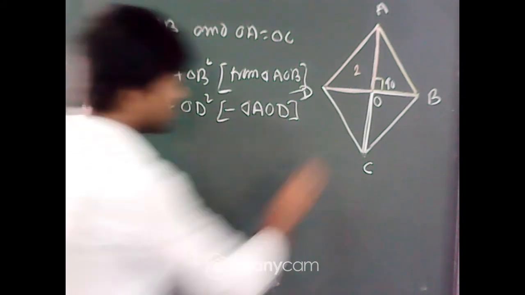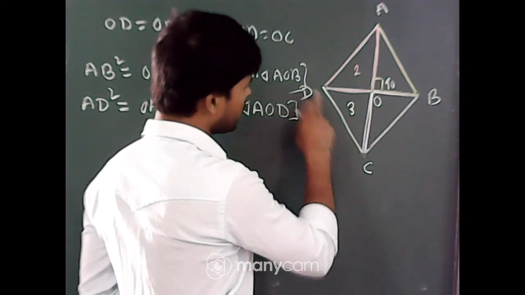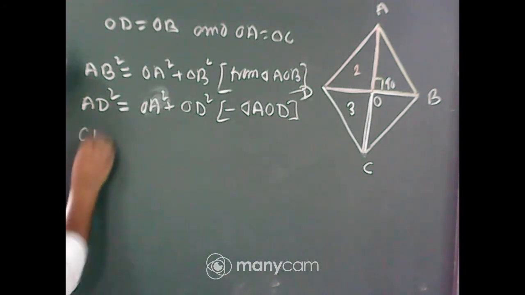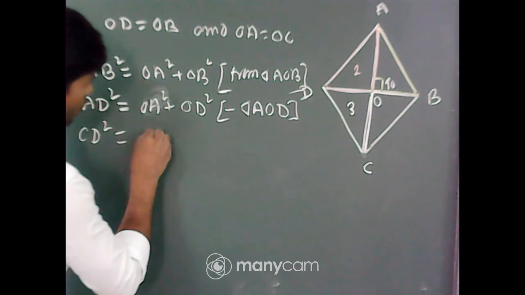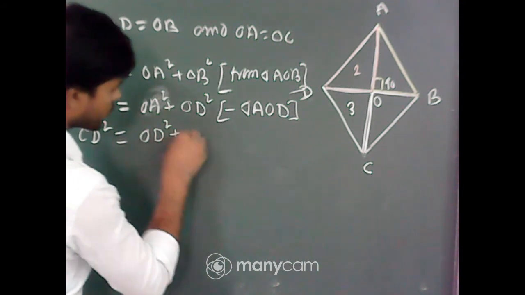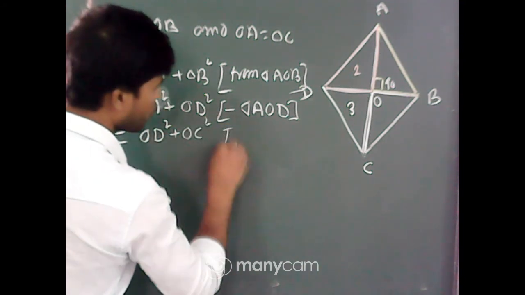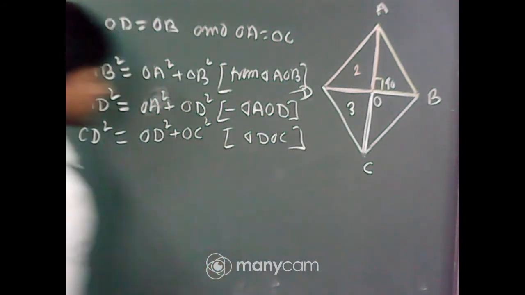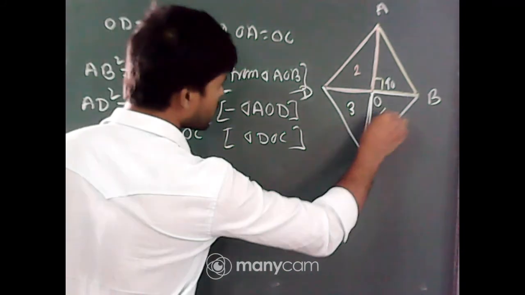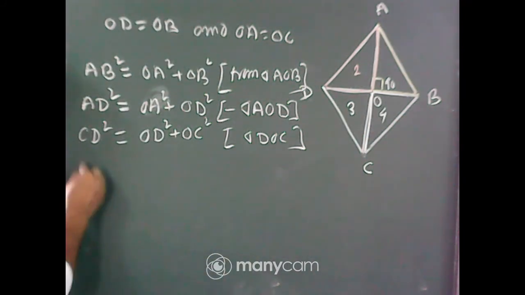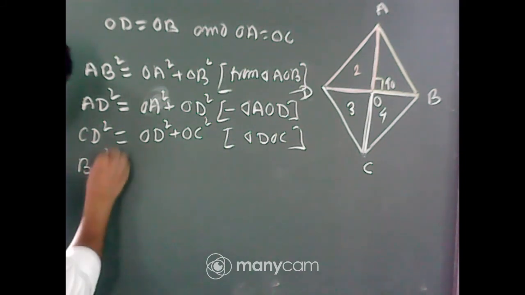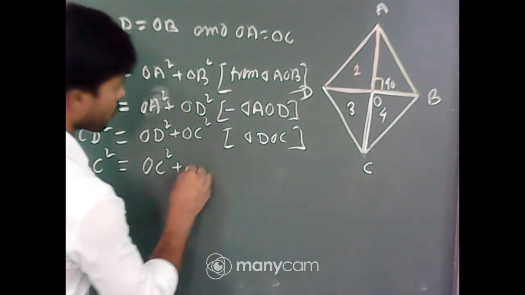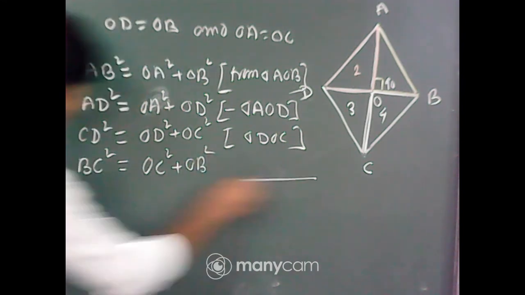Now if I consider triangle number 3, triangle DOC, in that case we have CD square is equal to OD square plus OC square, from triangle DOC. And now if I consider triangle number 4, we have BC square is equal to OC square plus OB square.